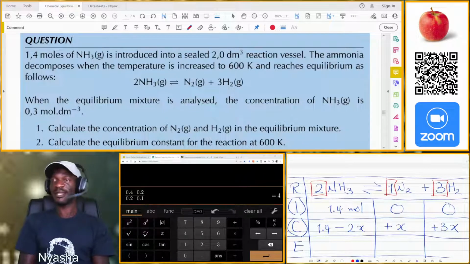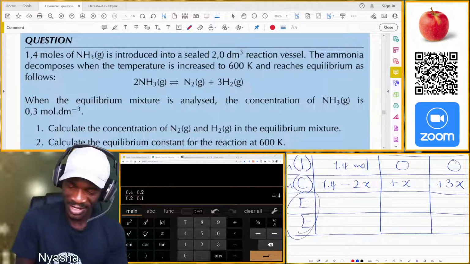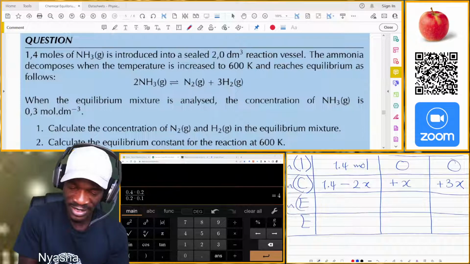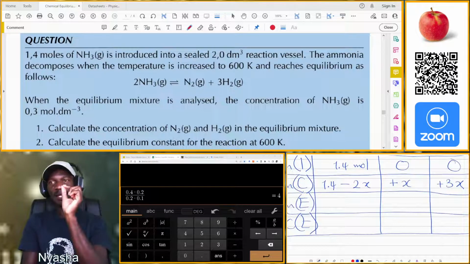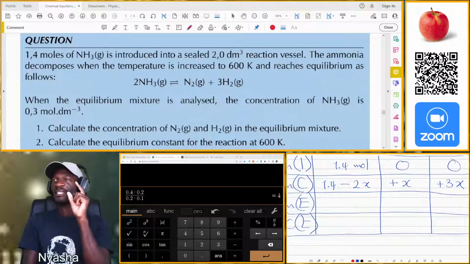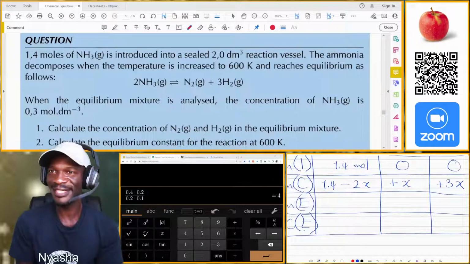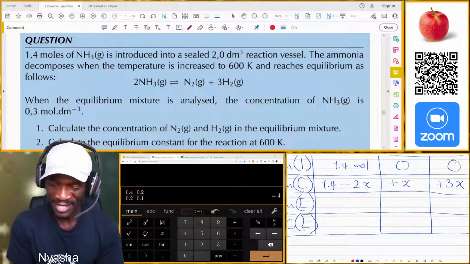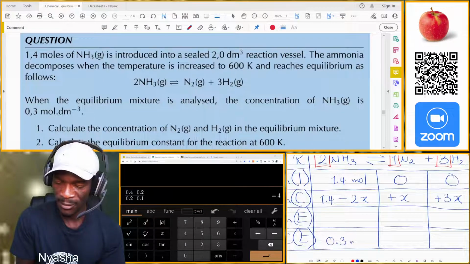What is the next thing that we're given? We are given that when the equilibrium mixture is analyzed, so this is now at equilibrium, remember here we are saying number of moles at equilibrium and then concentration at equilibrium, the concentration of NH3 is 0.3 mole per dm cubed.